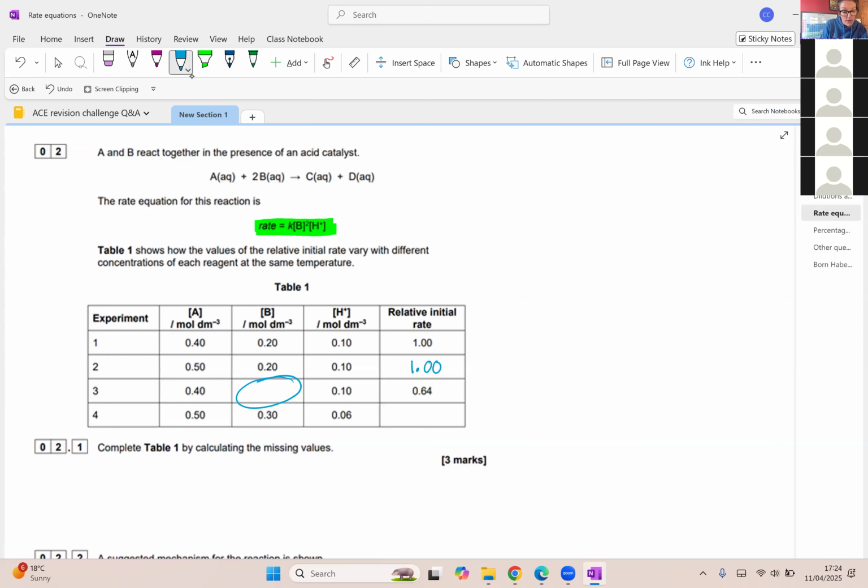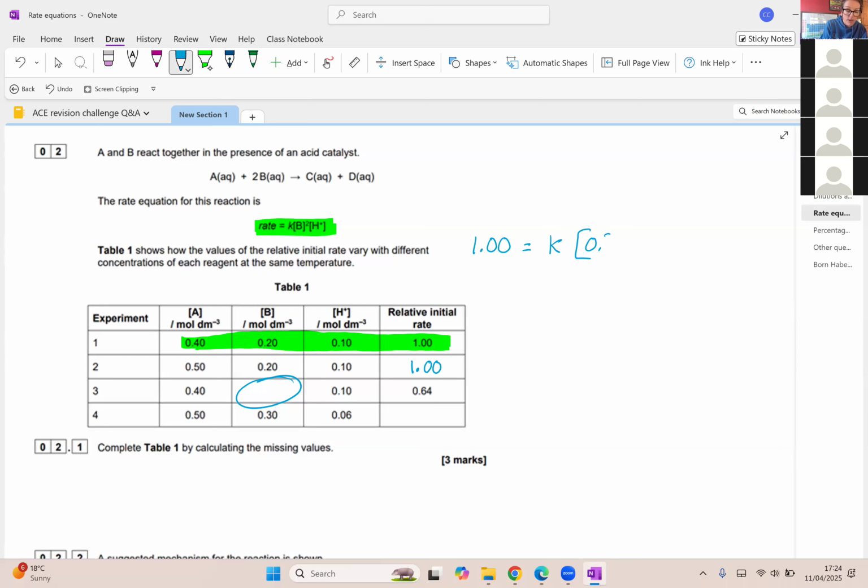Now I'm going to show it a different way to what I showed before. We could just work out the rate constant, or at least a value that we could substitute for the rate constant. If I take the first row, because I know everything's right in that row, that was given to me in the question, and just substitute in, the rate is 1, there is k, and the concentration of B is that.